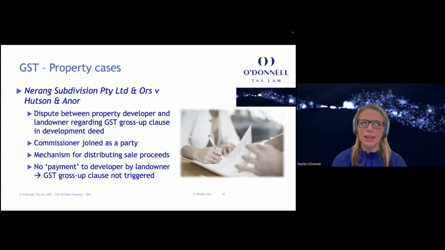There was essentially an amount that was held and kept over, if you like, as opposed to being an active payment. So the GST gross up clause was not triggered, and that meant that the amount was GST inclusive, which caused a significant problem for the taxpayer in that instance.